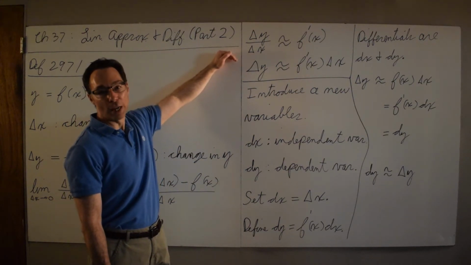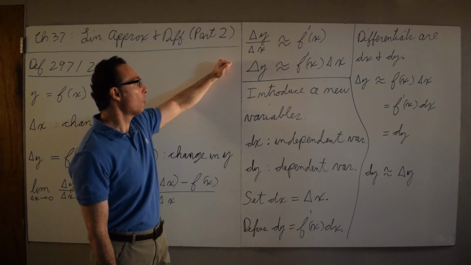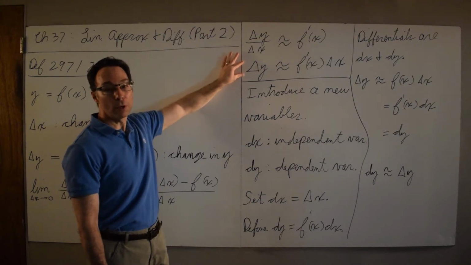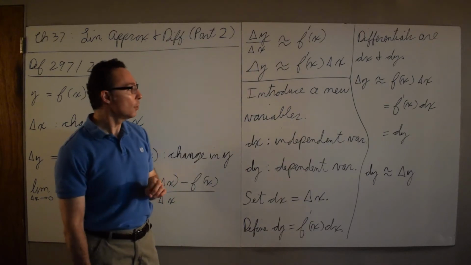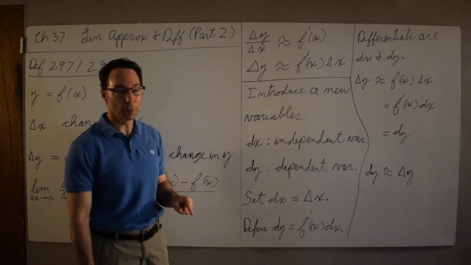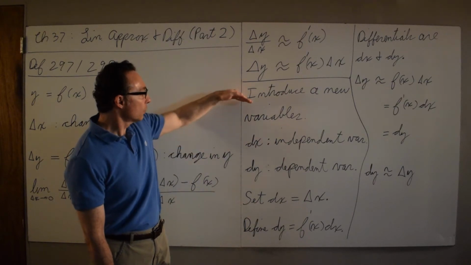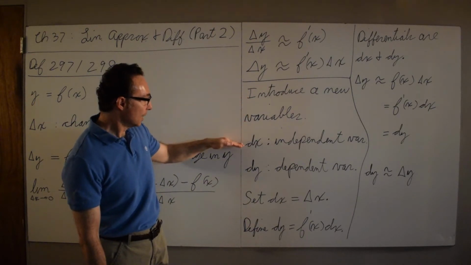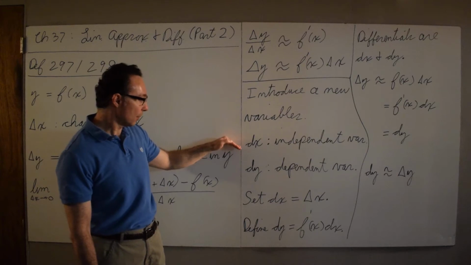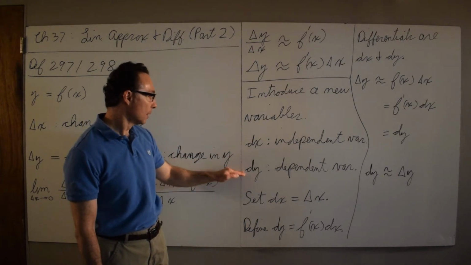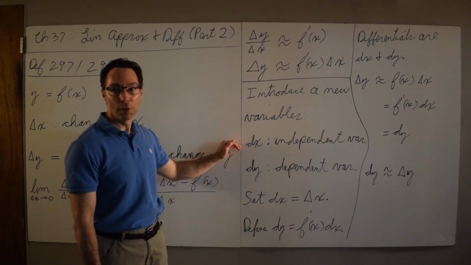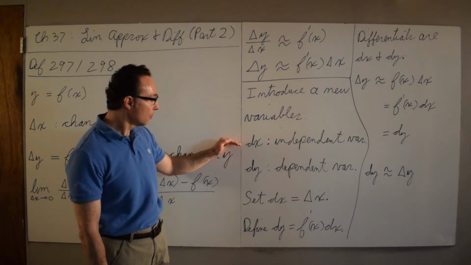Delta x is the change in x, delta y is the change in y. This is what we're interested in. We want to know what delta y is. But we're going to use what we call differentials to approximate delta y. So we're going to introduce two new variables. dx is going to be our independent variable. dy is going to be our dependent variable. dx, independent variable, means it can take on any value that we want.